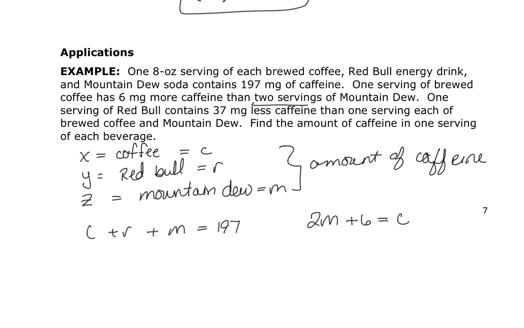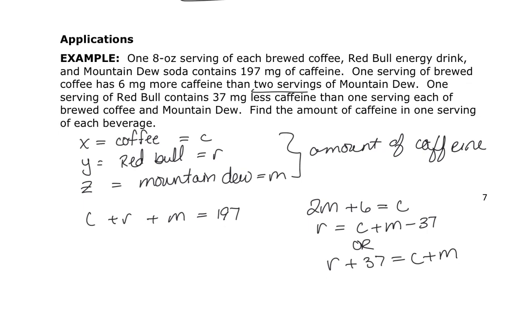One serving of Red Bull contains 37 milligrams less than 1 serving of each brewed coffee and Mountain Dew. So then what this would be is the Red Bull is equal to the coffee plus Mountain Dew minus 37, or you could have said Red Bull plus 37 is equal to the coffee plus Mountain Dew. It would not have mattered.